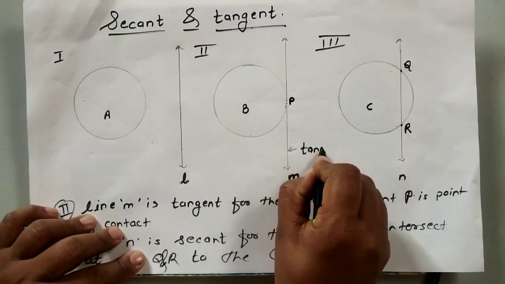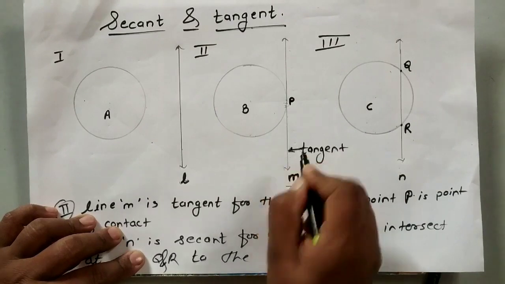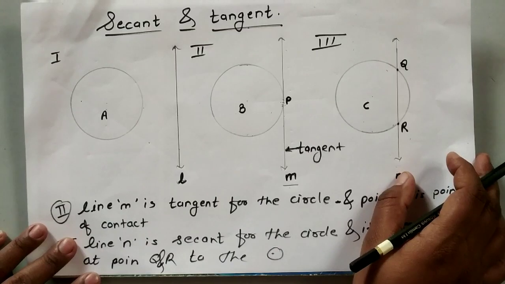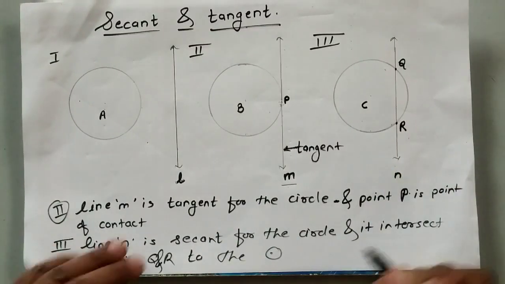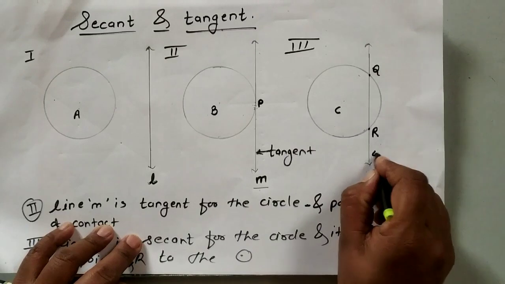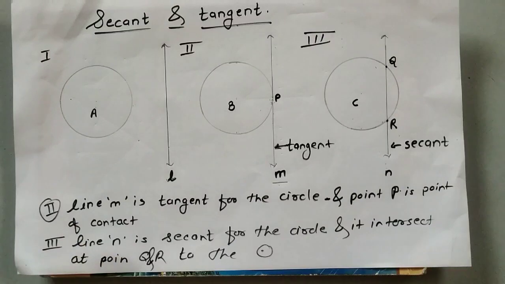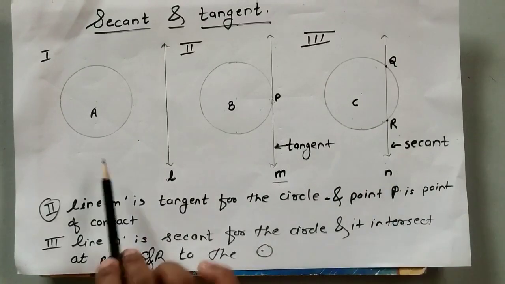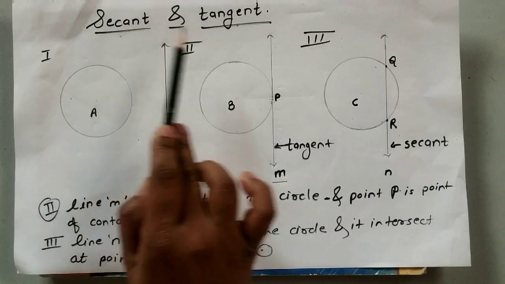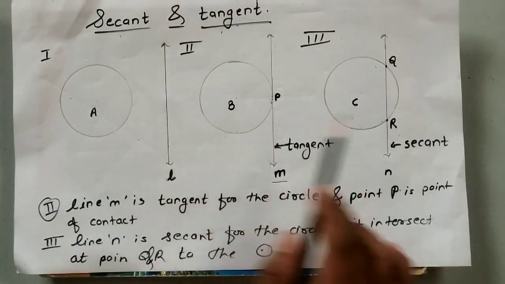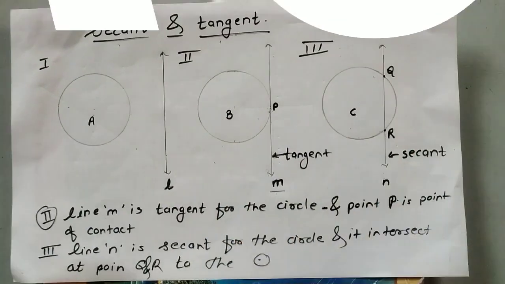And if it touches the circle at two distinct points, then it is a secant for the circle. These three figures show the difference between secant and tangent.